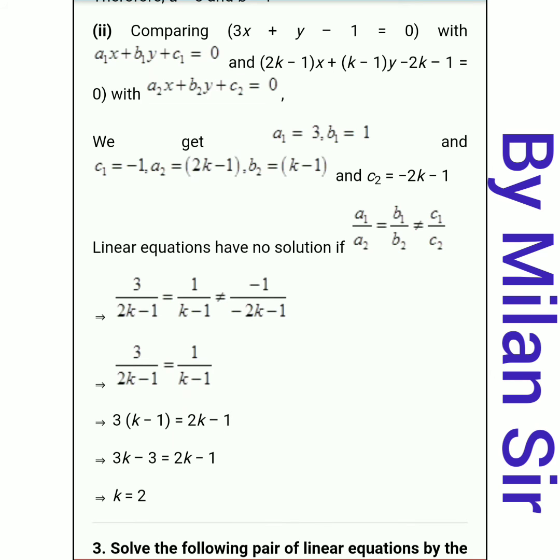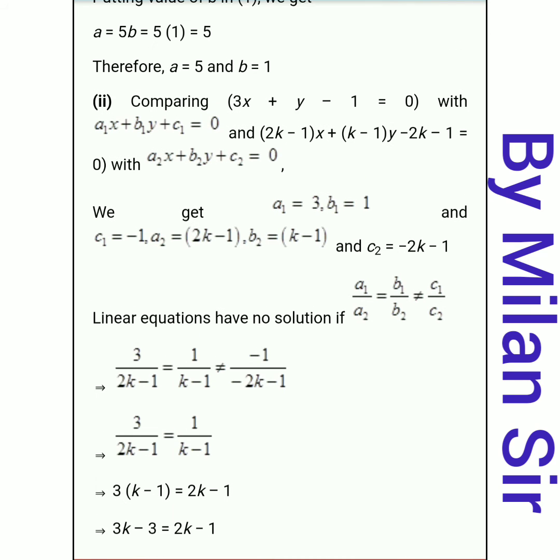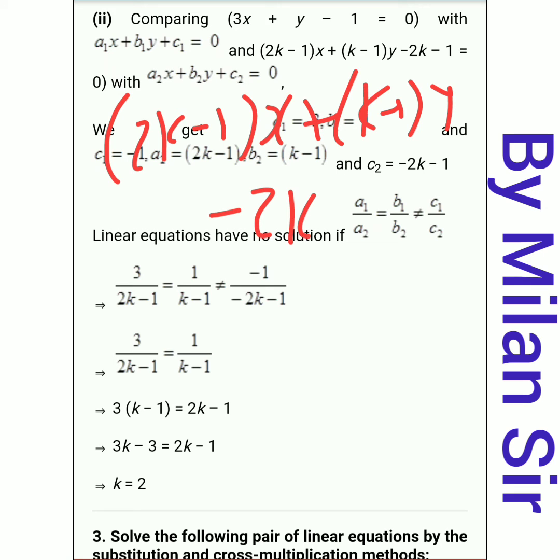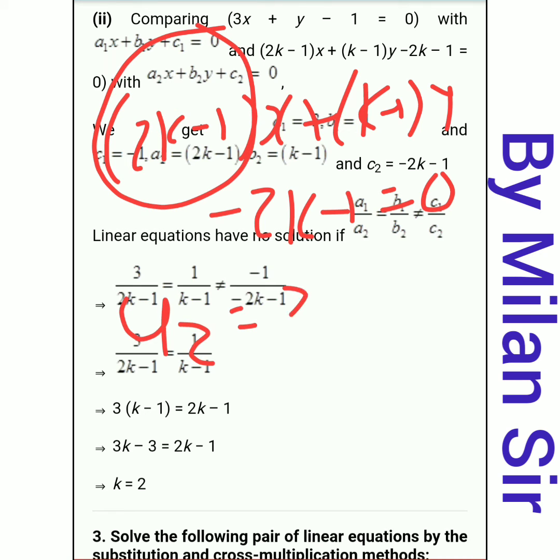Then the second equation, it is (2k minus 1)x plus (k minus 1)y and minus (2k plus 1) is equal to 0. Now here the coefficient of x, this one is our a2, 2k minus 1. Okay, a2 is equal to the coefficient of x in the second equation.